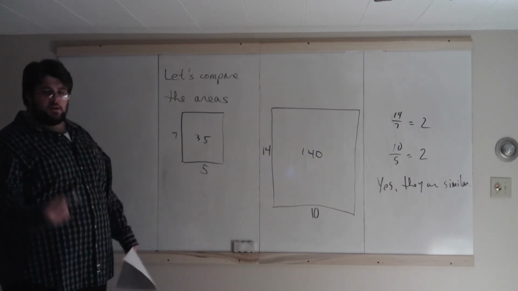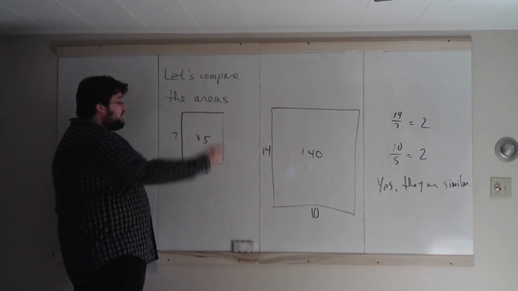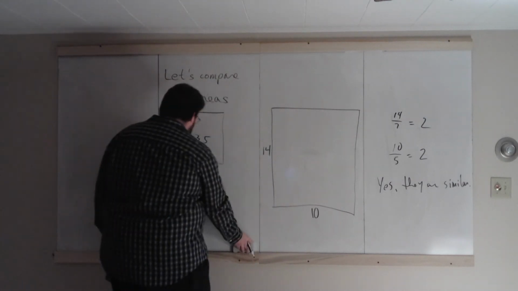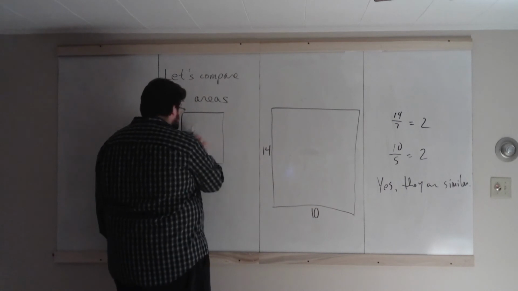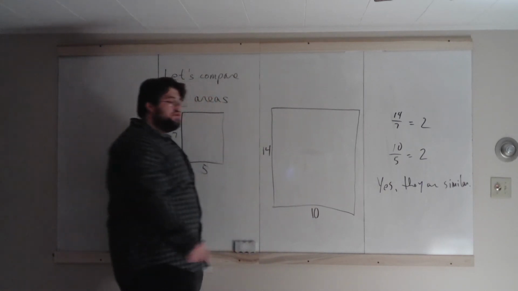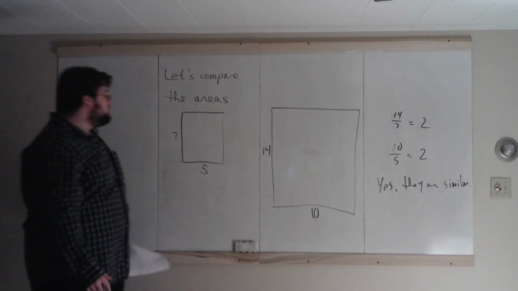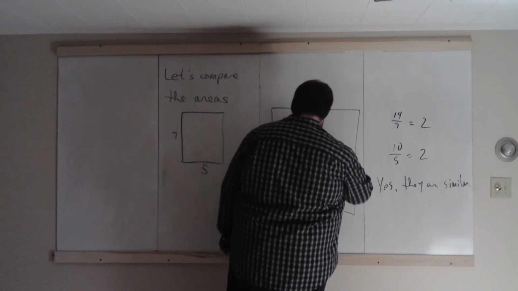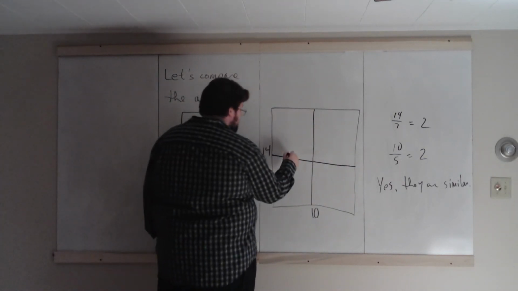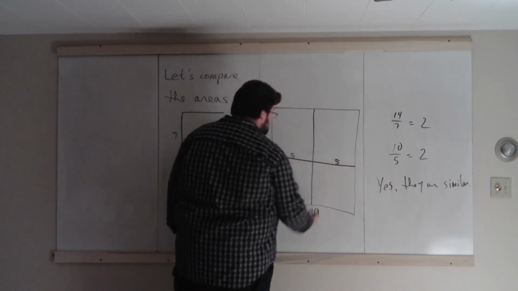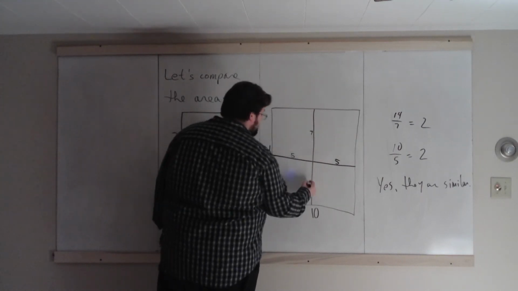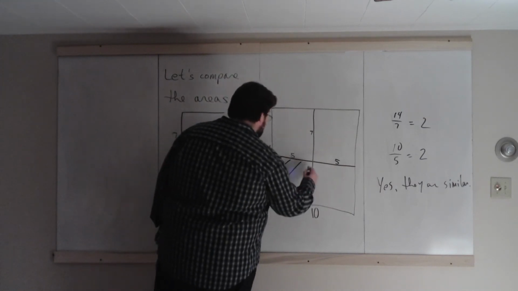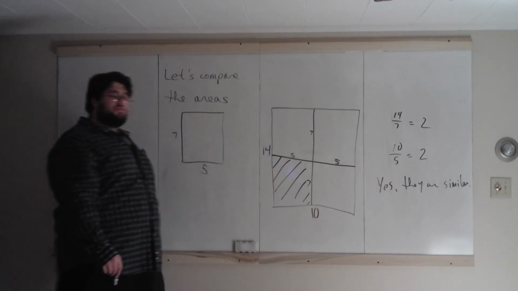So let's compare the areas in a different way. Let's compare the areas by fitting these rectangles into this. How can we do that? Well, this is a 7 and a 5. We know that each of these sides is 2 times 7 and 2 times 5. So right here, we can break that 10 into a 5 and a 5. We can break this 14 into a 7 and a 7. So right here, we'll observe there's one of those rectangles.